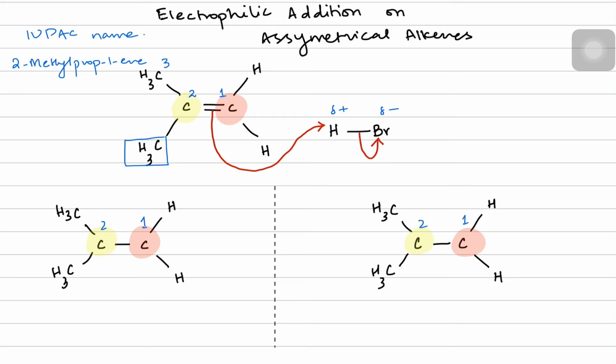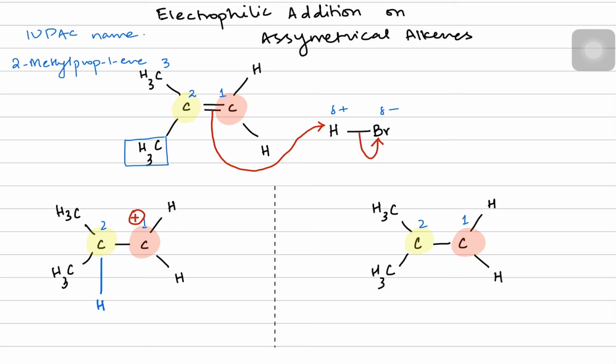If carbon number 2 makes a bond with the electrophile by using the pi bond, then you draw it like this. Carbon 2 makes a bond with the electrophile hydrogen, and carbon 1, the red one, becomes positively charged because its electron has been lost. The pi bond was an electron pair between these two, right? But now the yellow carbon ditched the red carbon and made a bond with the electrophile using the red carbon's electron.